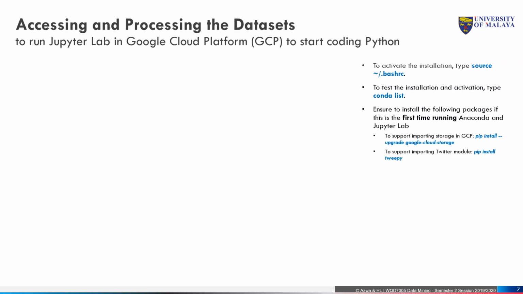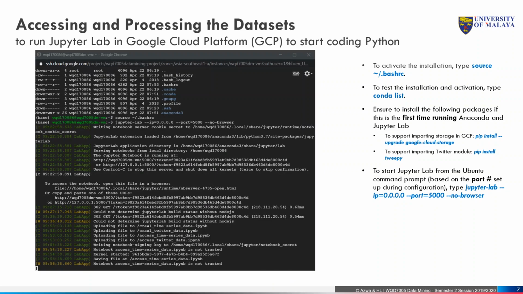In order for our Python code to access these tweets, if this is the first time we're running Anaconda and Jupyter Lab, we need to install this package known as Tweepy. Once we have installed all these packages, we can start Jupyter Lab by typing this command, which is jupyter lab, with the IP address and the port which we used during our setup, which is 5000.